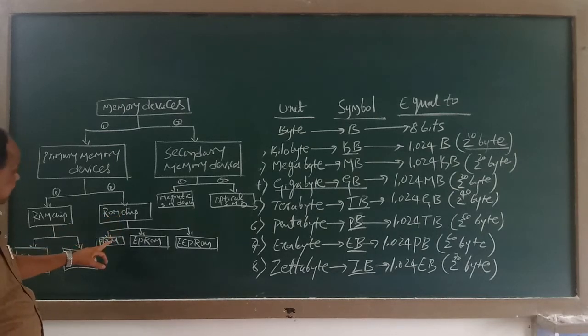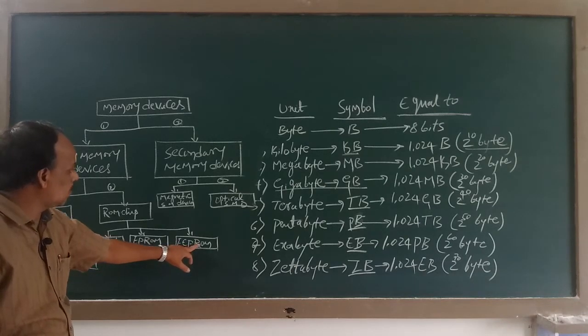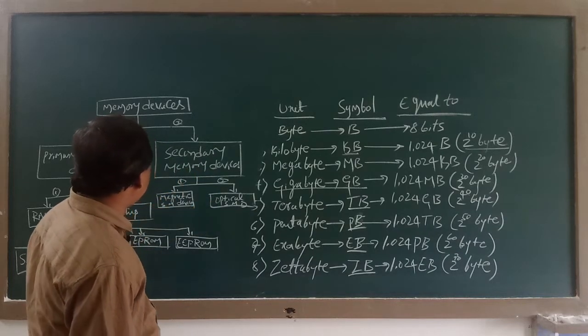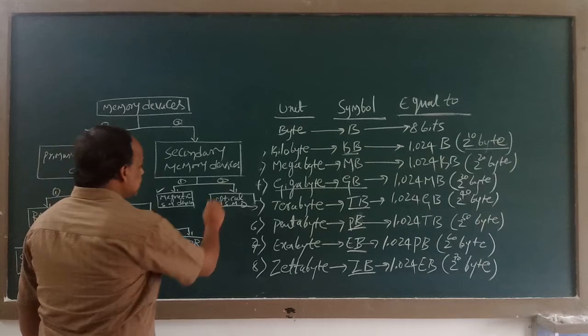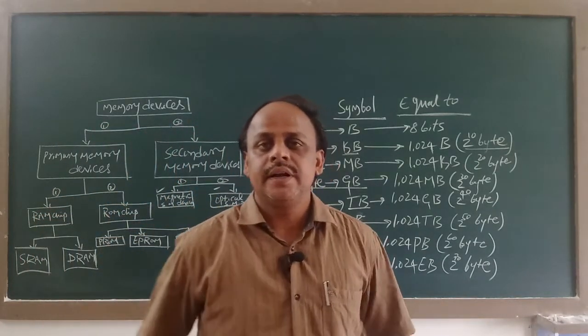ROM chip is again divided into three parts: PROM, EPROM, EEPROM. And secondary memory devices have two types: magnetic secondary memory devices and optical secondary memory devices.